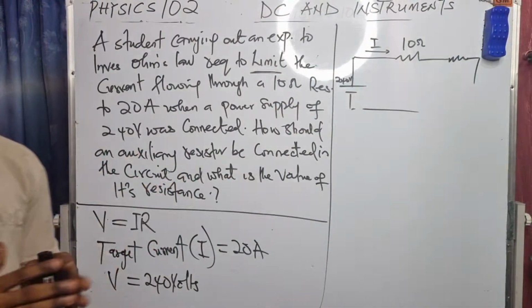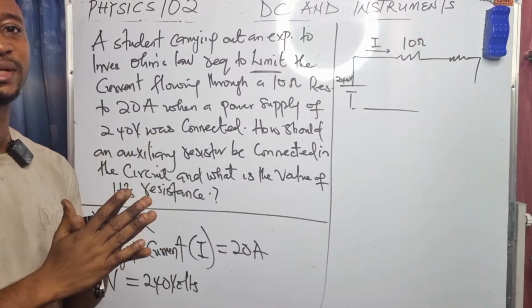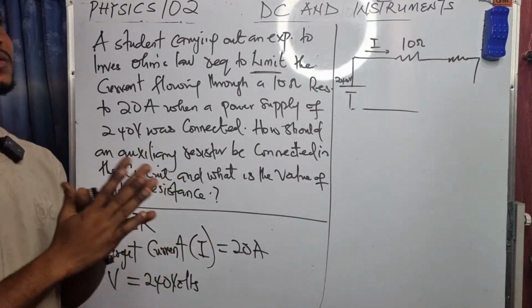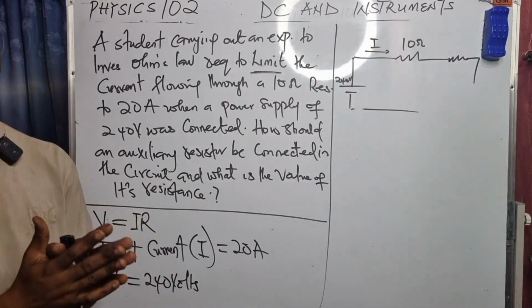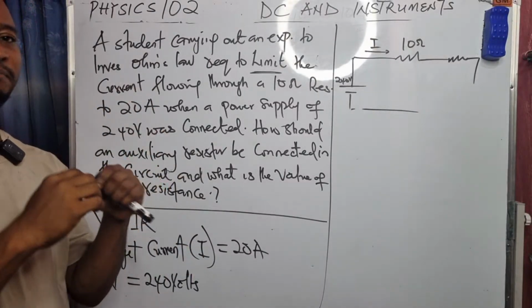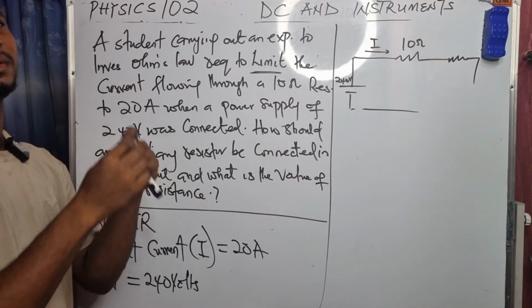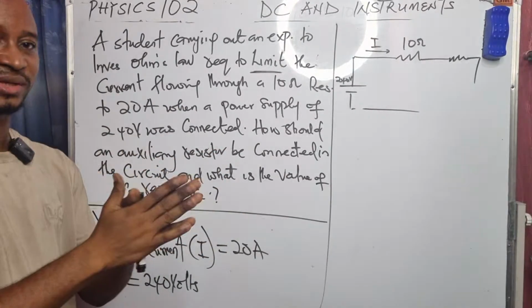There's a particular amount of current that is permitted to pass through bulbs based on their power rating. There are some bulbs that have 20 watts, some bulbs whose power rating is 40 watts. That means every one of these bulbs has a permissible amount of current that is allowed to pass through them.